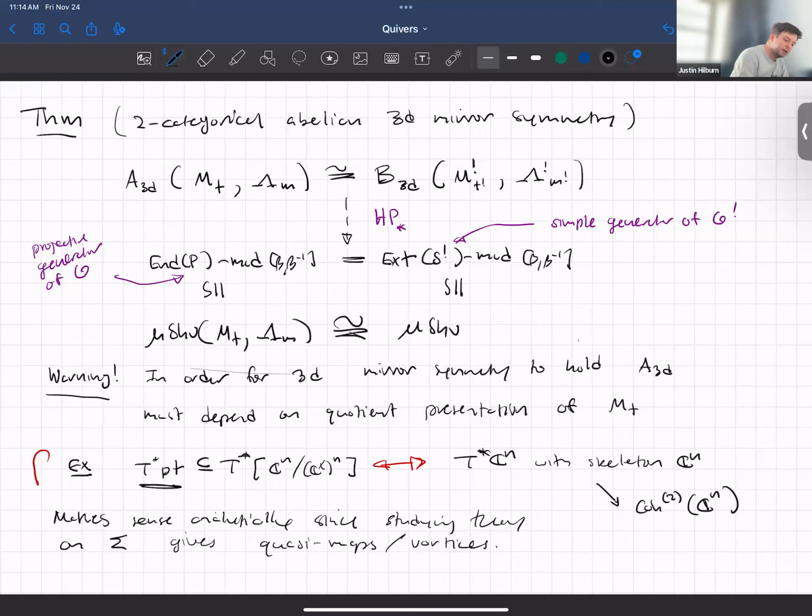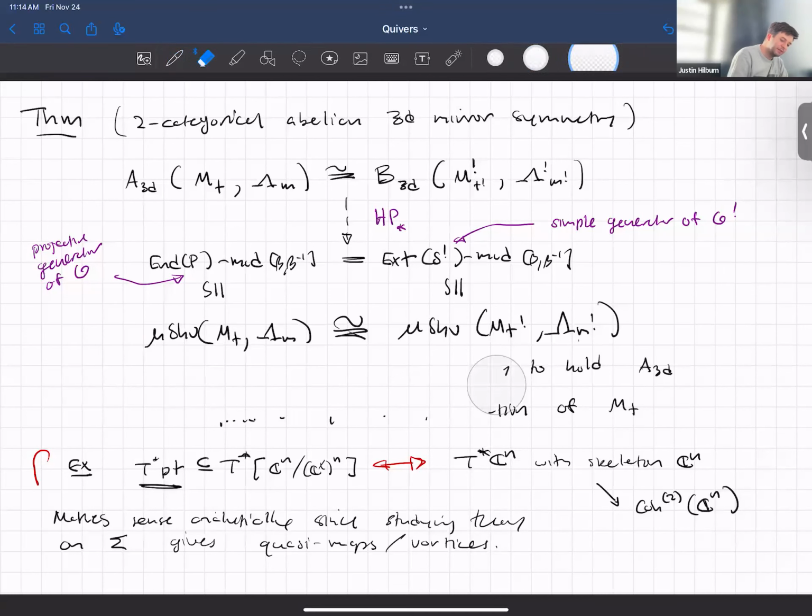And here, you get the category of microsheaves generated by the simple object. Okay, and this is going to be completely irrelevant.